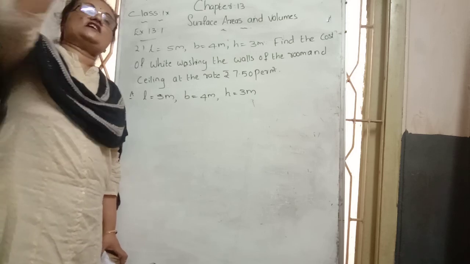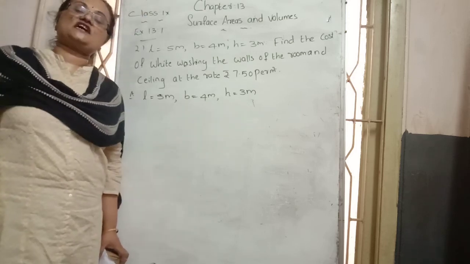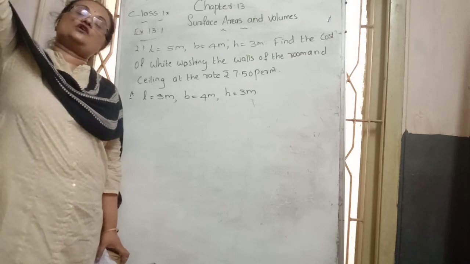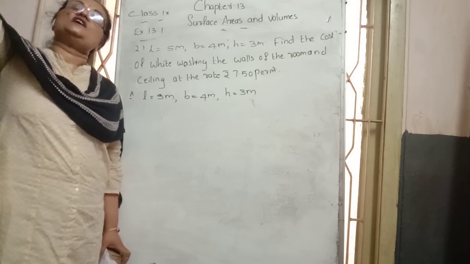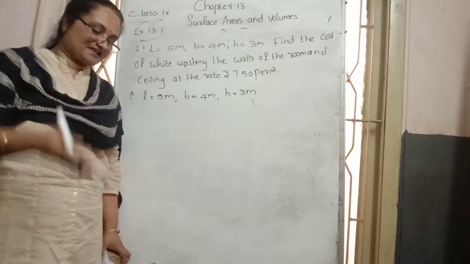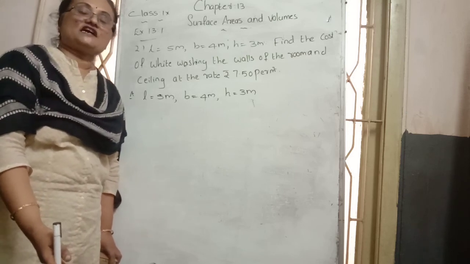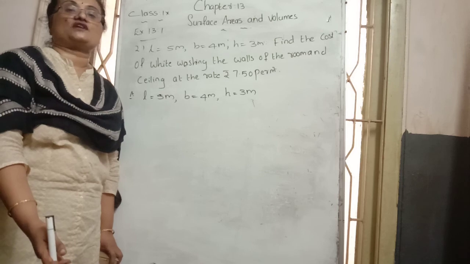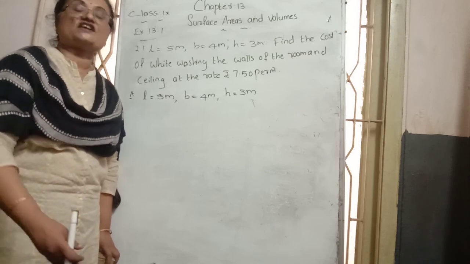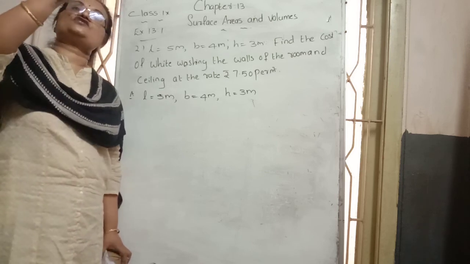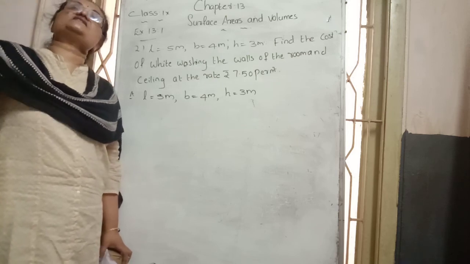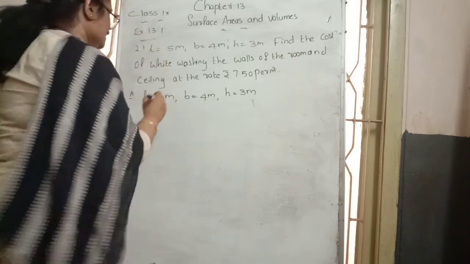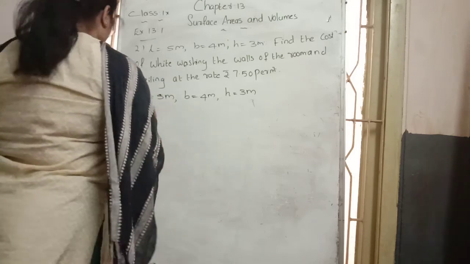Here, the 4 walls of the room are going to be whitewashed, and the top part represents the ceiling of the room. They are also whitewashing it, but the floor is not whitewashed. So that's why we remove this 6th face, and we consider only the 4 walls plus the area of the ceiling.